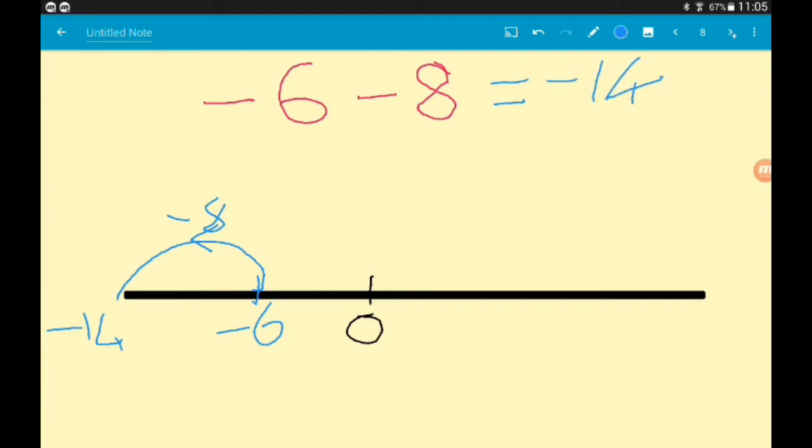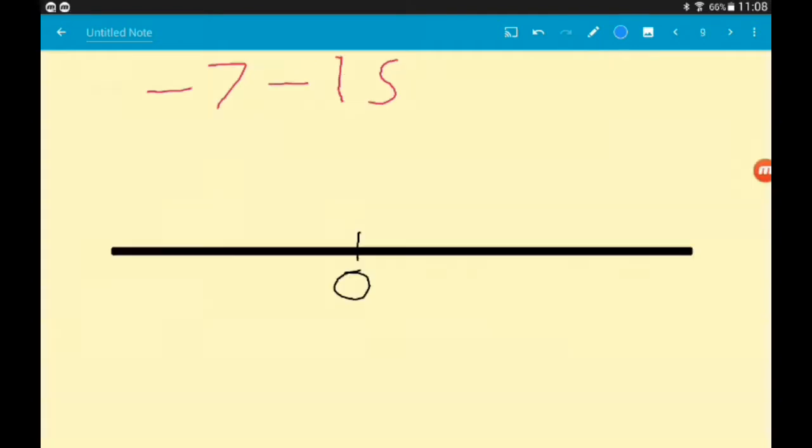So let's do more like that. Okay, now again, minus 7 minus 15. So the first number, our start, is minus 7. Now, it's going to be quite hard to count minus 15 on your fingers. So let's break it down. Let's first of all go 10 places to the left.